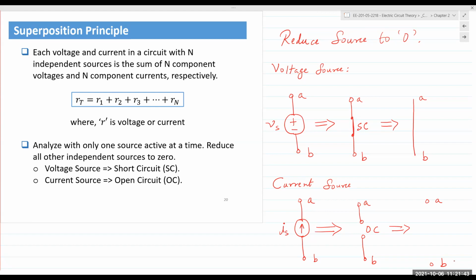So then you redraw the circuit after you have replaced the voltage source and the current source. Your circuit now changes. So think it over. Let me know if you have any questions. Any questions at all?